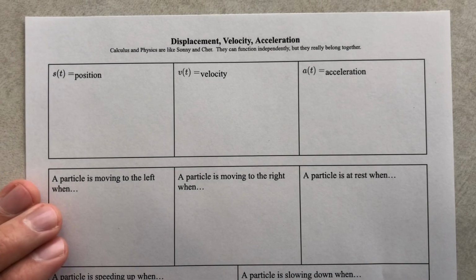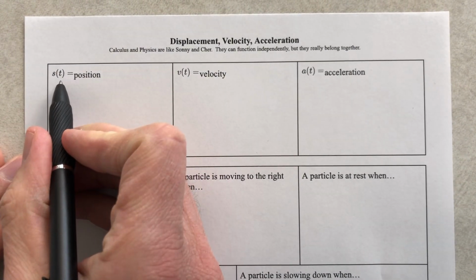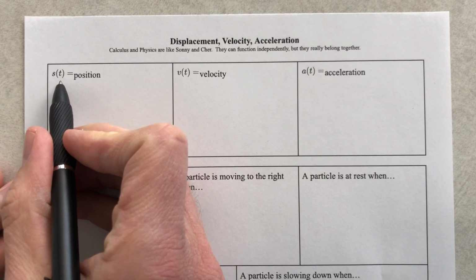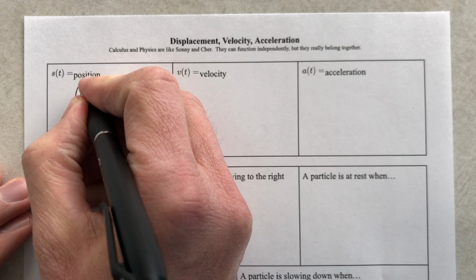Okay, calculus and physics get blended together right here. It's wonderful. First of all, S of t is often the function we use, not always, but often, to show the position, also known as displacement.